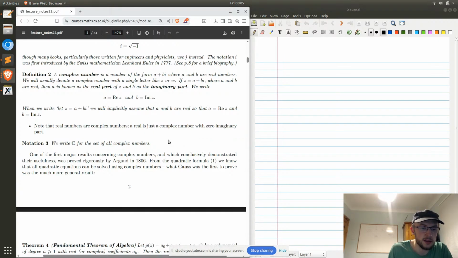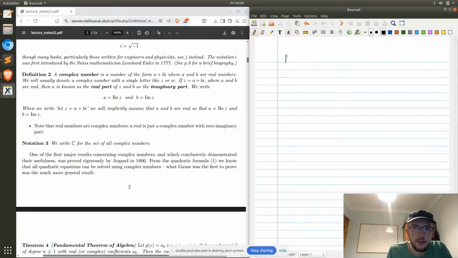It goes in line with what I write for the natural numbers, that for the integers, this for the rationals, a blackboard bold R for the reals, and then this for the complex numbers.